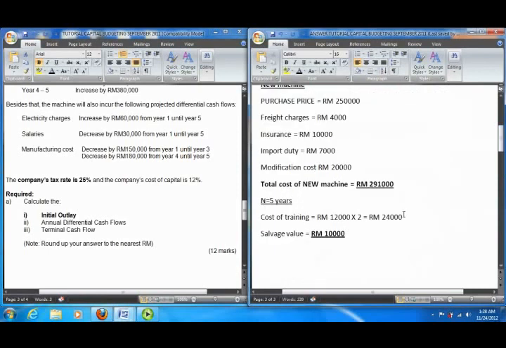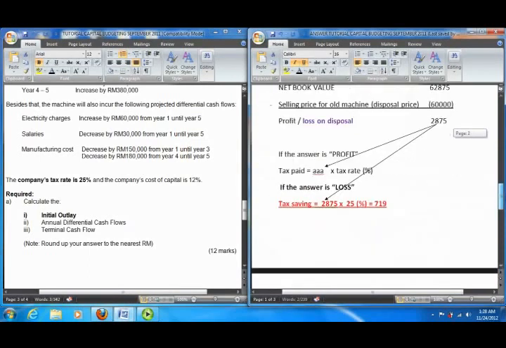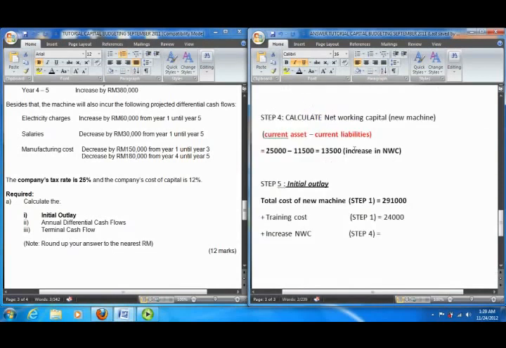From your step 1. You see? Next is your increase in net working capital, as you can see in step 4: 13,500.